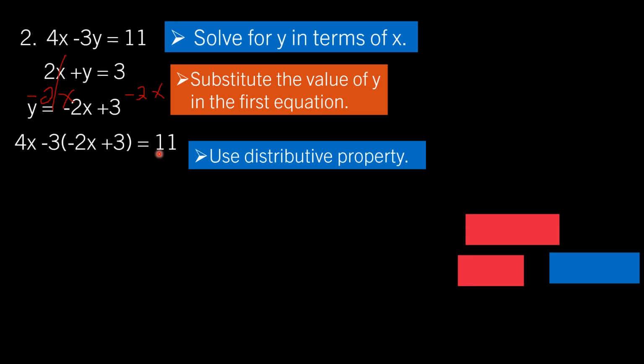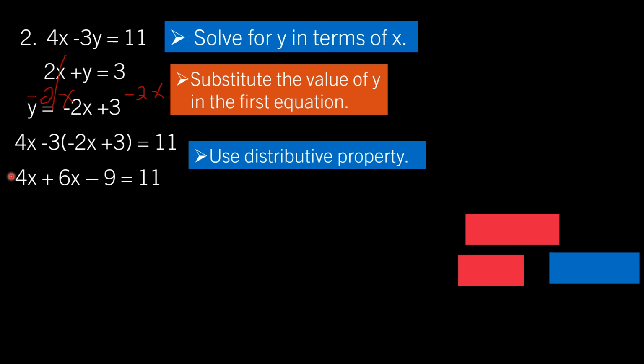By distributive property now, we can just copy 4x and then negative 3 times negative 2x, that is positive 6x, and negative 3 times positive 3, that is negative 9, and that is equal to 11.